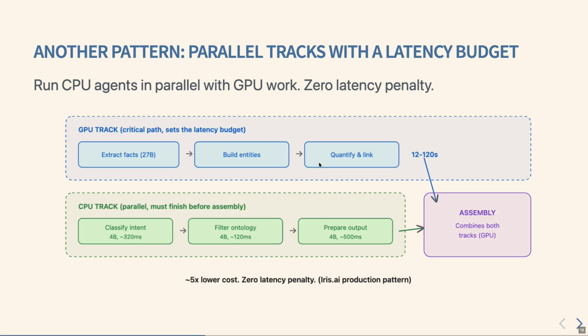Another pattern that I've seen with customers is that they have a latency SLA that, as I was saying before, in this case could be 2 minutes. Instead of running GPUs or the LLM for all the tasks, they said, why don't we parallelize certain tasks like classifying, filtering, and preparing the output in parallel to the LLM, so that when the LLM finishes what it was doing, we can merge the results, and that's going to be the answer.